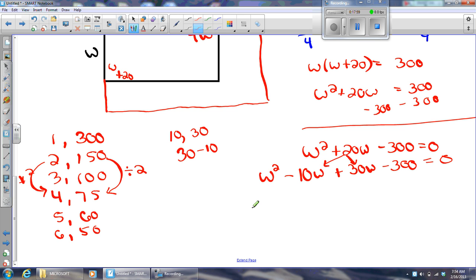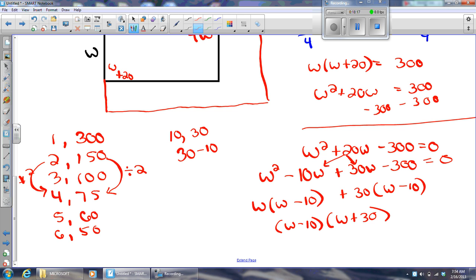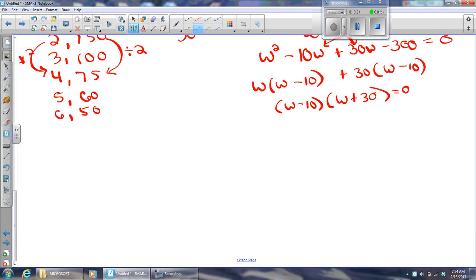Okay, going to GCF the first quantity and get a W minus 10. And going to GCF the second quantity and get a W minus 10. And I'm going to GCF one more time: W minus 10 times the quantity of W plus 30, and that's going to equal 0. All right, so that means W could equal 10, or W could equal negative 30.